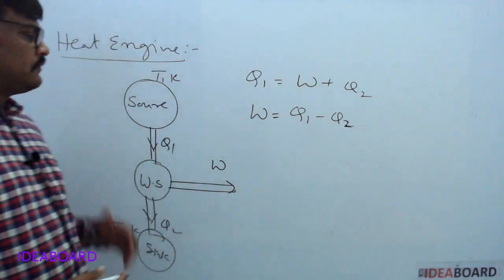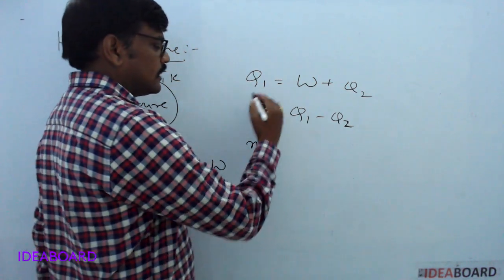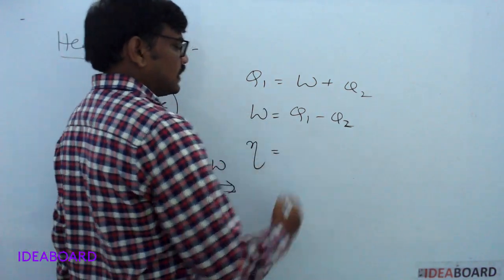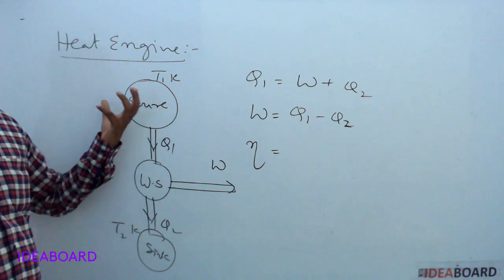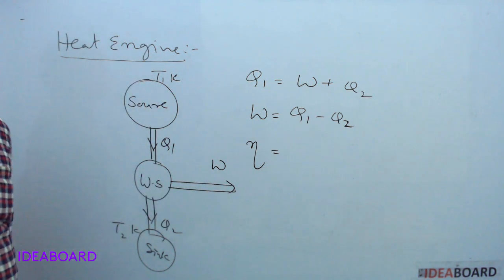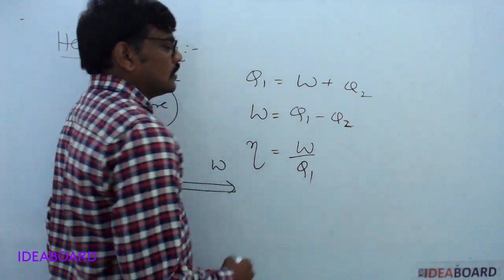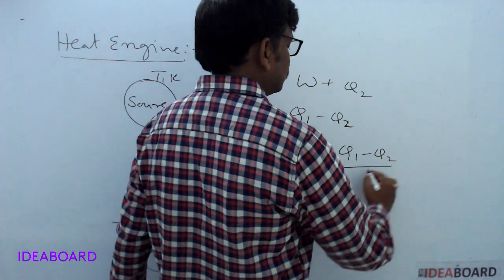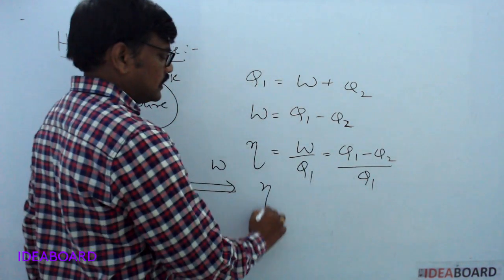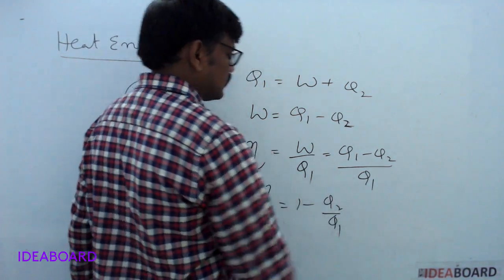Now, the efficiency of this heat engine, denoted by eta, is defined as the ratio of work done divided by heat absorbed from the source, that is W divided by Q1. Therefore, eta equals 1 minus Q2 by Q1.